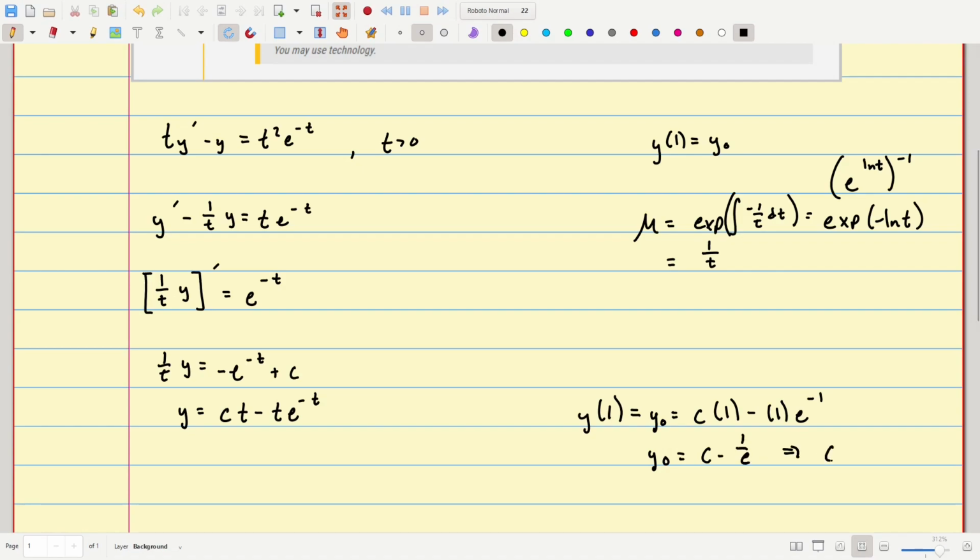And this implies that c should be equal to y naught plus 1 over e. And so our solution to the initial value problem looks like this. All right, now this is something that we can plot in a direction field and see how this all works.